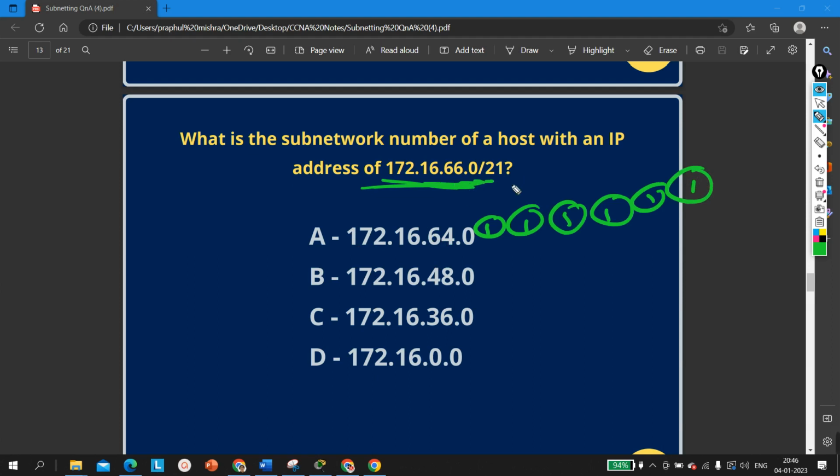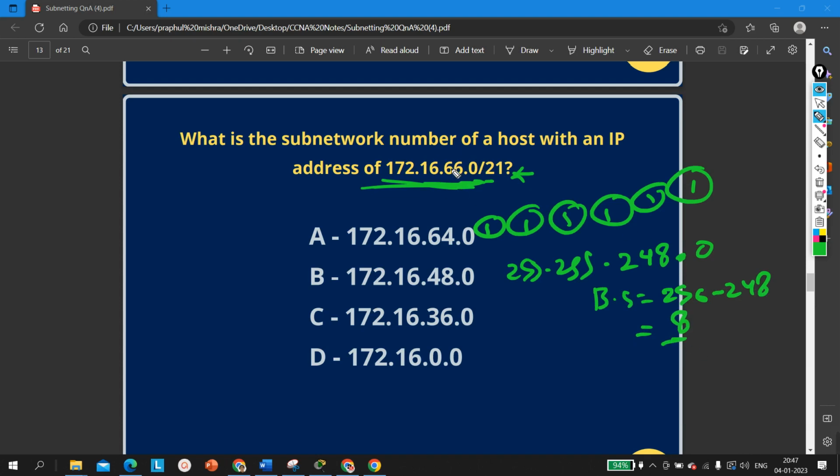Okay. So if slash is 21, then the subnet mask will be 255.255.248.0. 248, yes, 5 network bits in the third octet. So what will be the block size? 256 minus 248, 8.